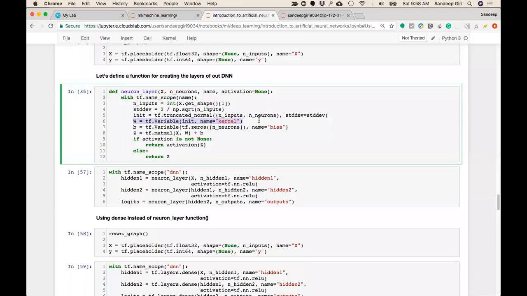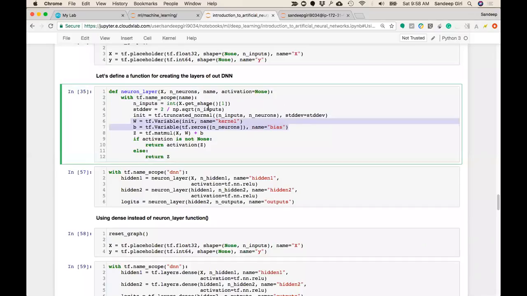Okay. So here, the name is kernel. We are giving the name called kernel to the weights, and a name to the bias, and this name is generic, in the sense that whatever name we pass, it will create the layer. This is the name of the layer, this is the name for the weights, and this is the name for the biases. We are giving them names so that when we display them in our TensorFlow graph, they will look really nice.